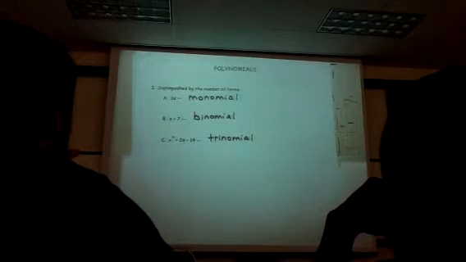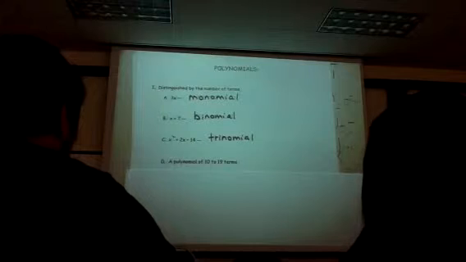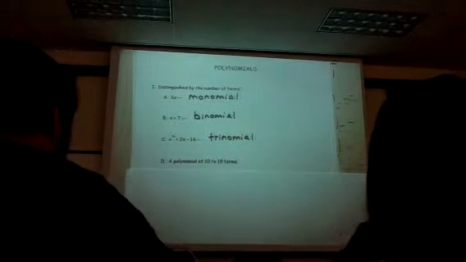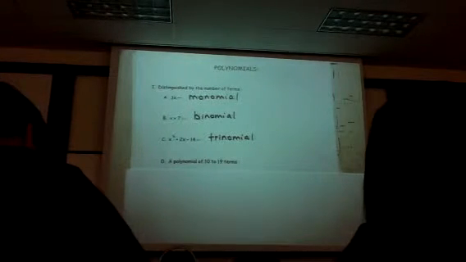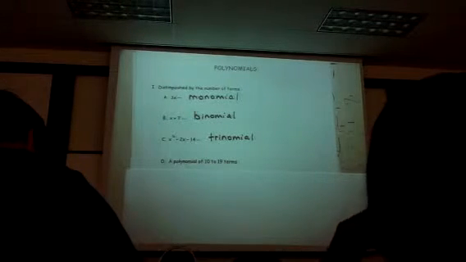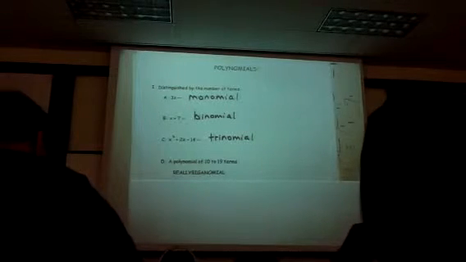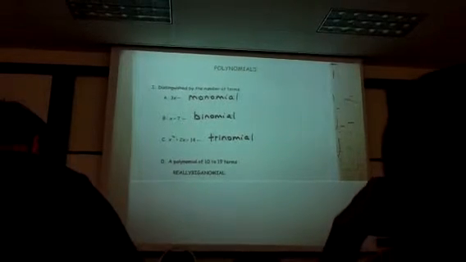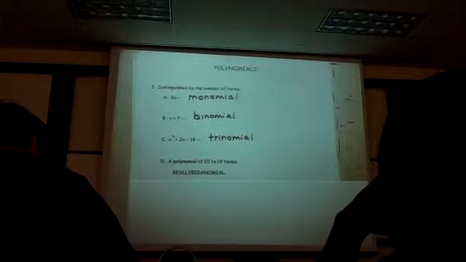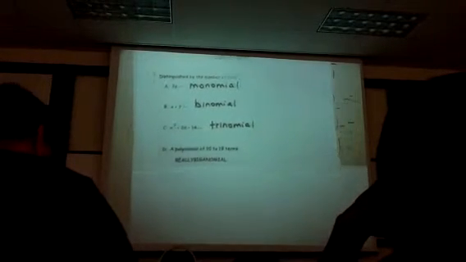Until you get to a polynomial of 10 to 19 terms, which you will only encounter rarely, it's called a really bigonomial. What? A real bigonomial. You don't encounter those guys often.